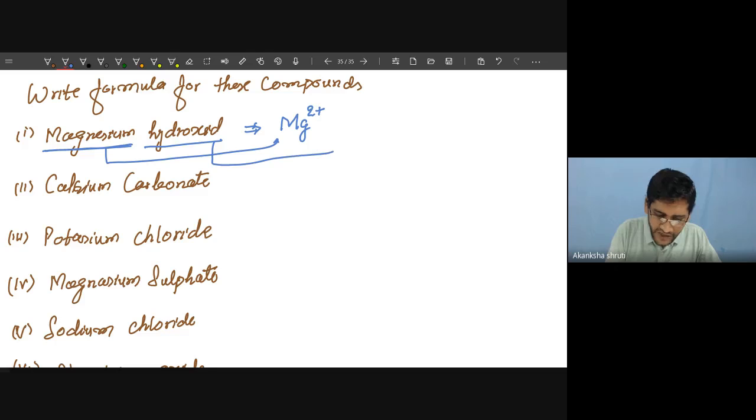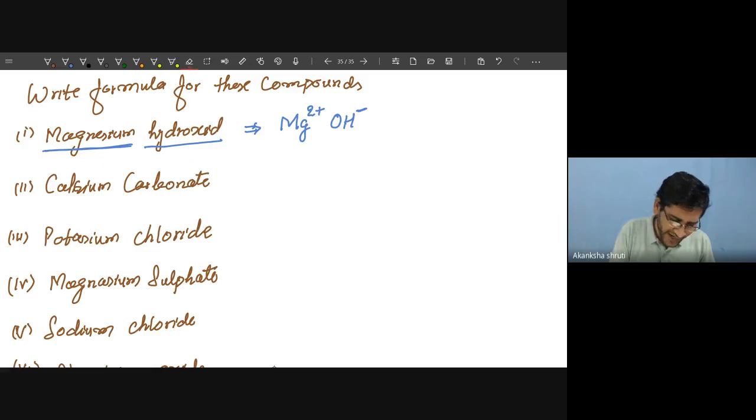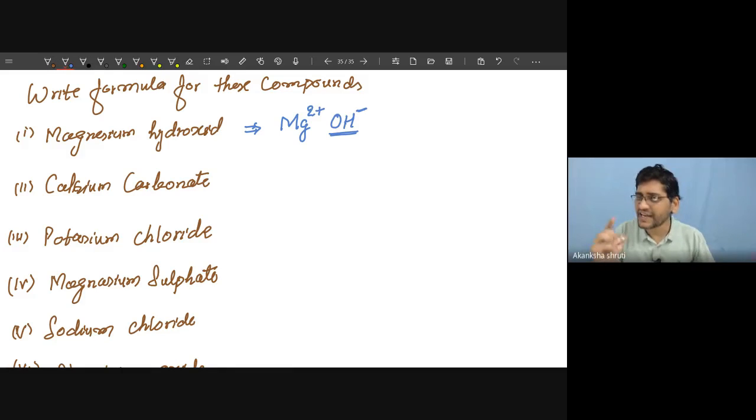Similarly, for hydroxide, you need to write the ion here: OH-. Student, we need to keep in mind this OH- together we have to write. Means OH is acting as a single entity. So if you have doubt, you always put it into a bracket. If no doubt, then you can leave it.